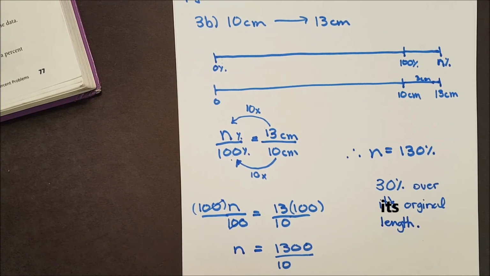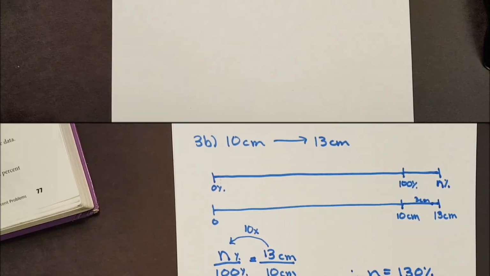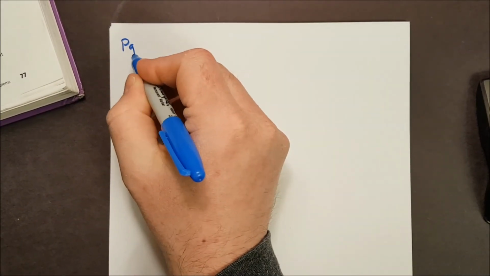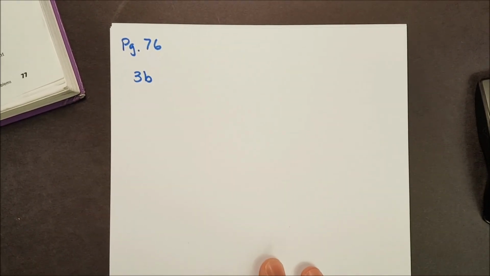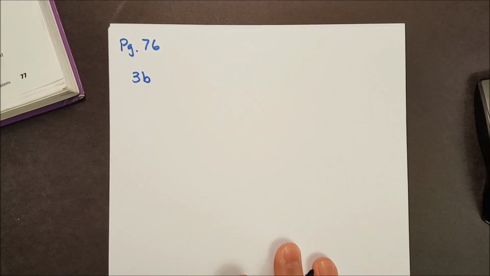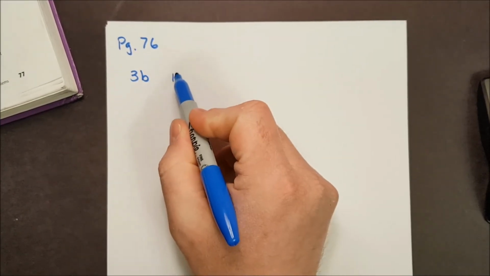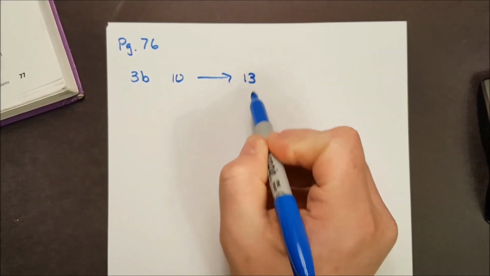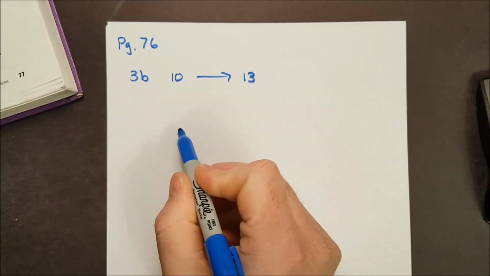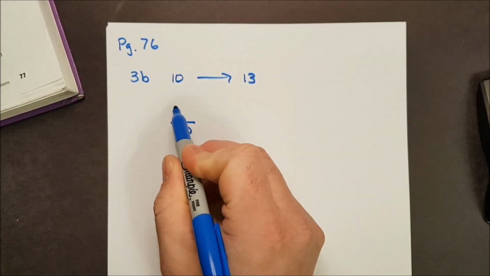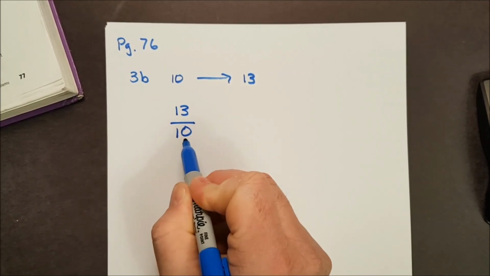I hope that helps. Okay, let's redo 3b another way. So page 76, 3b. We are told that the elastic is stretched from 10 centimeters to 13, 10 being 100% of its length. Now, let's say you got 13 out of 10 on a test.